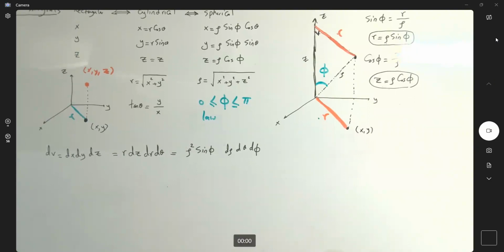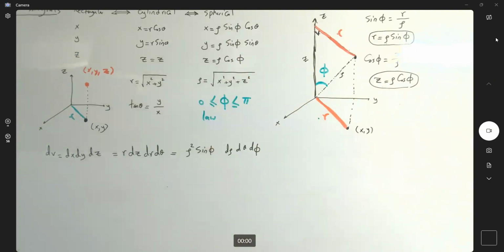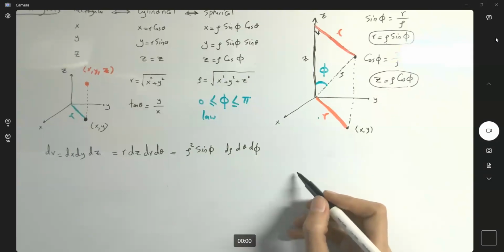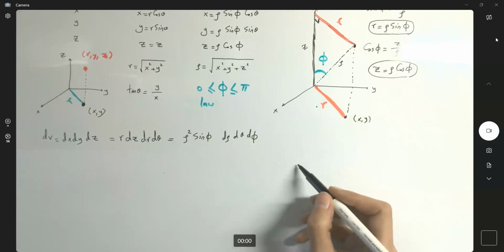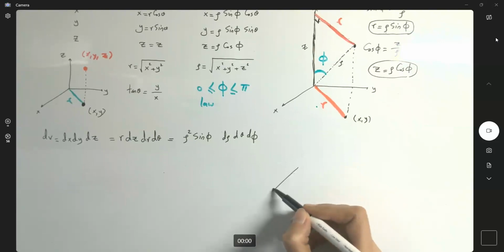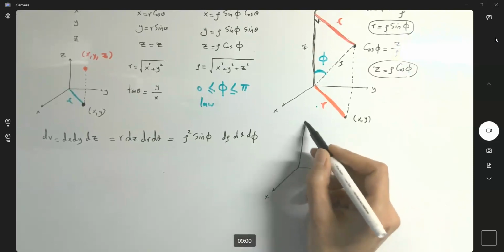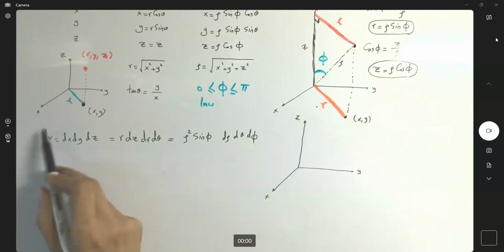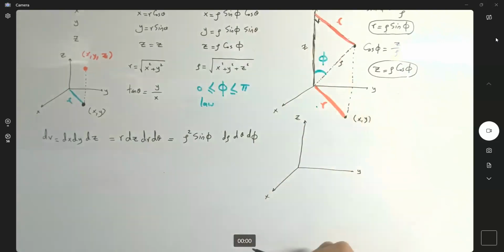So suppose you have a slice of your spherical object. Let me write this down here so we have enough space. Suppose you have your x, and then y, and then z, and you're looking at a very small piece of your spherical object.